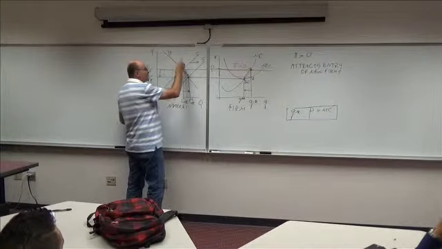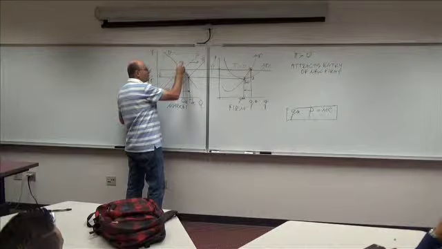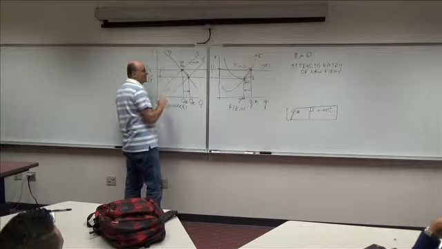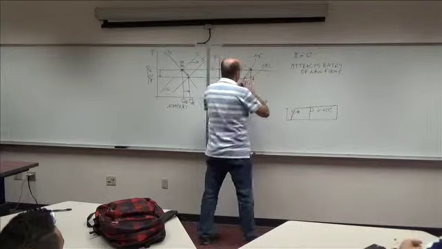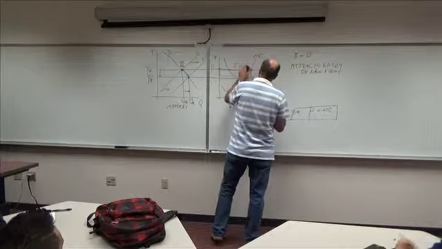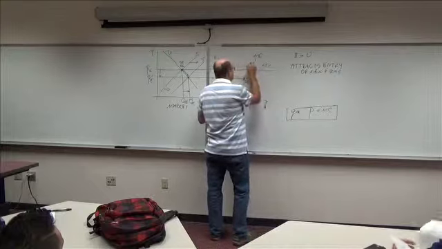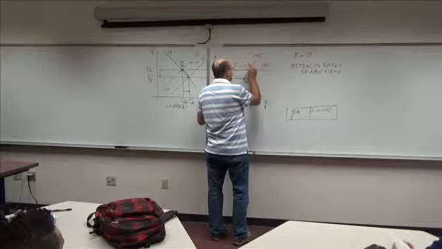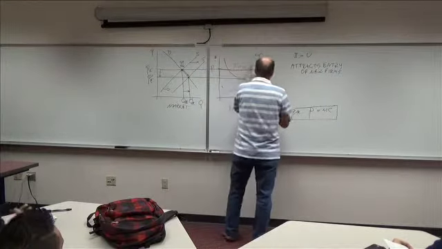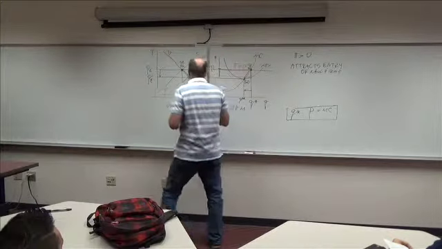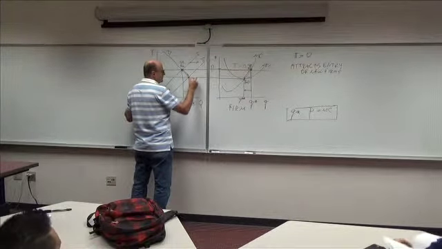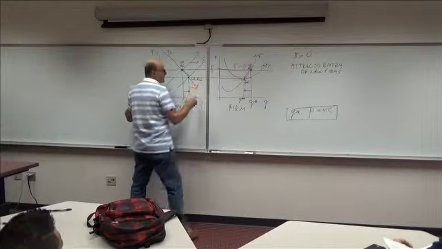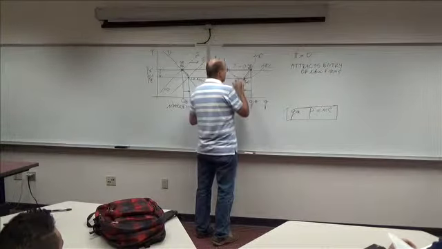We call this equilibrium the short-run equilibrium in the market, and this the short-run equilibrium of the firm. This is the long-run equilibrium in the market, and this is the long-run equilibrium of the firm.